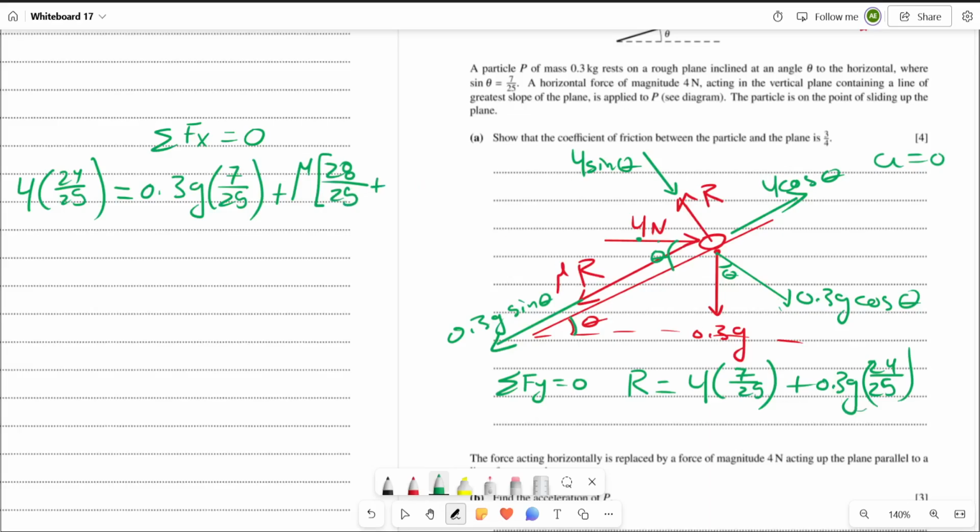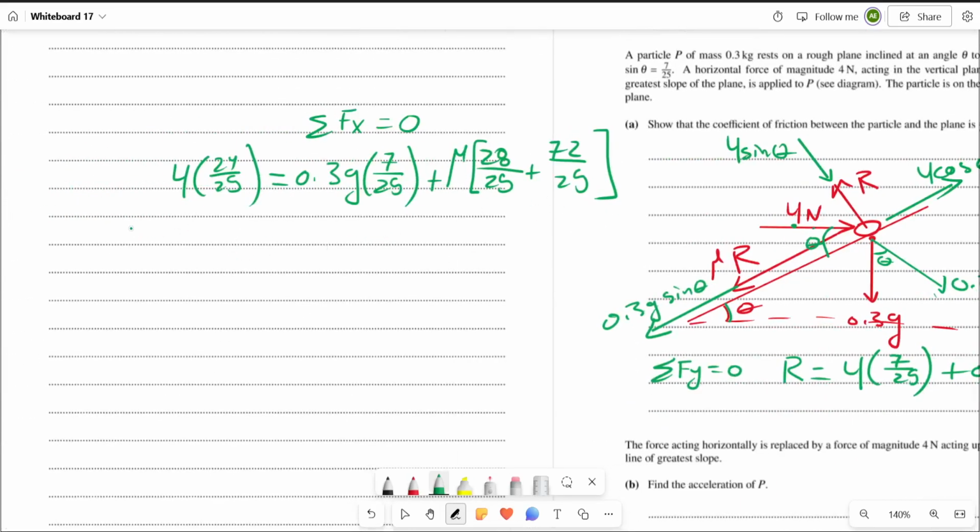Plus 0.3 times 10 is 3. 3 times 24 is 72. So this is 72 over 25. And from here, I can find my mu. This is going to be 4 times 24 over 25 minus 0.3 times 10, which is 3, times 7 over 25, is going to equal this.